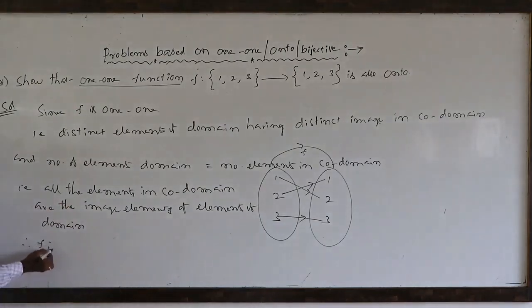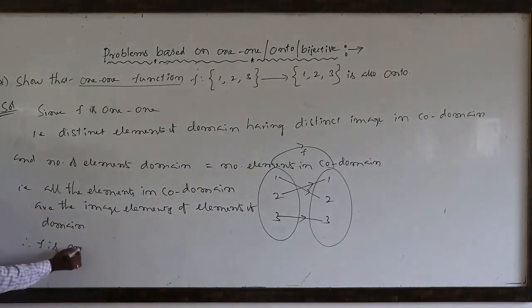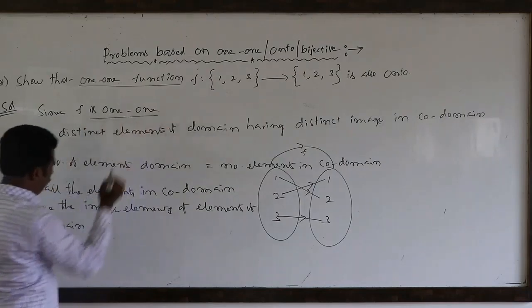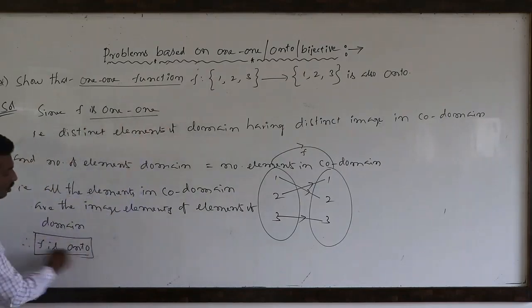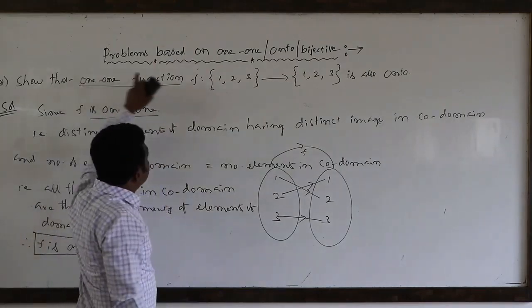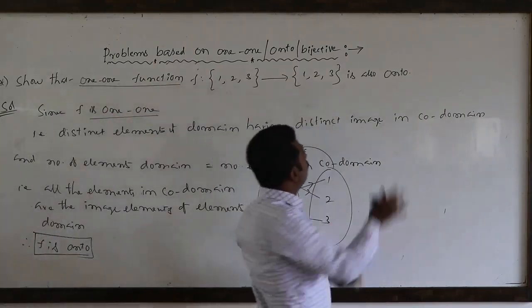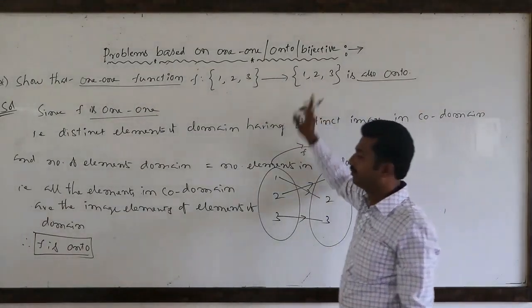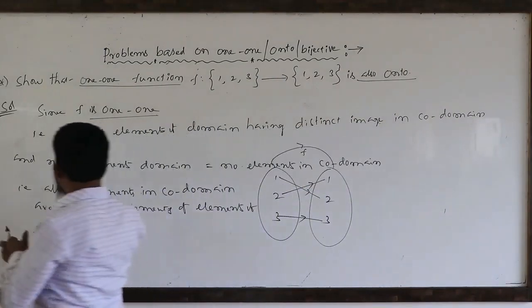Therefore, f is an onto function. So we are assuming f is 1-1, and what we had to prove is that f is also onto. So like this, one function is a 1-1 function that is also onto, based on this domain and codomain. Next question.